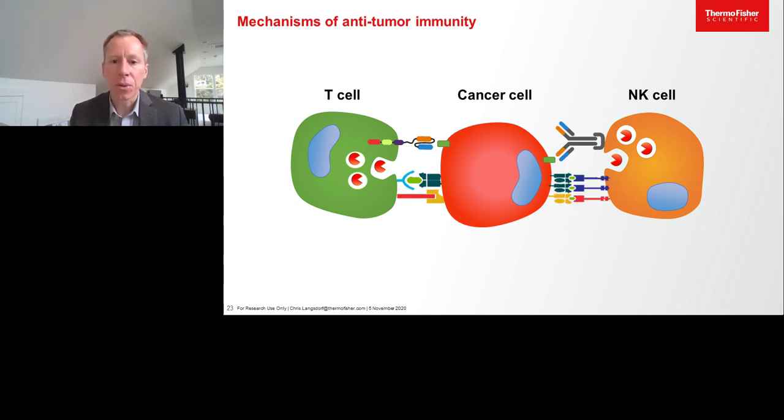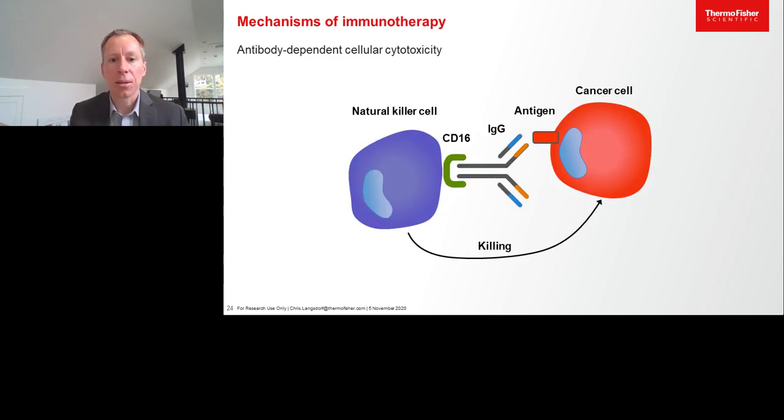Now, NK cells, of course, can also act through a variety of activating and inhibitory receptors to both recognize and kill either cancer cells or those cells infected by a virus. Or we can use a therapeutic antibody to encourage those NK cells to bind and kill.